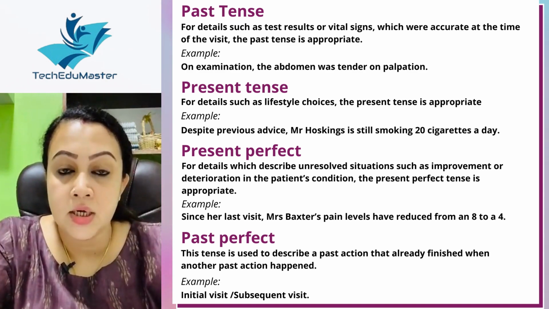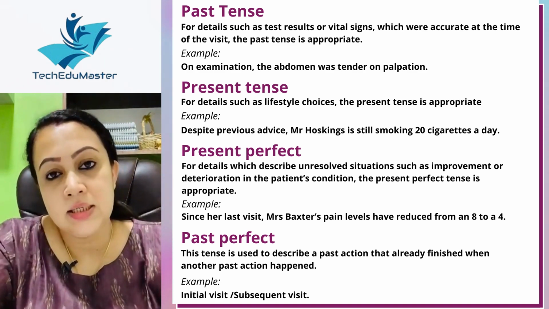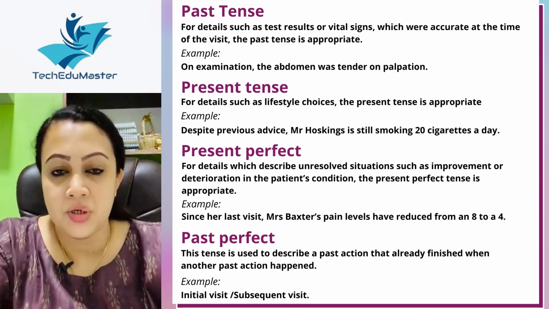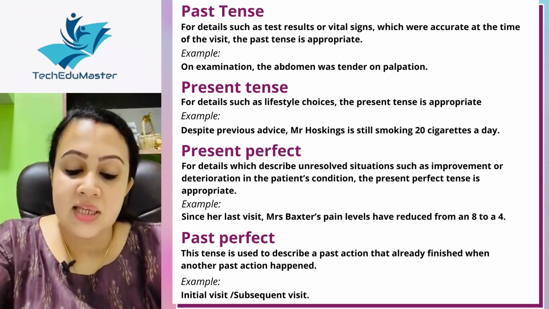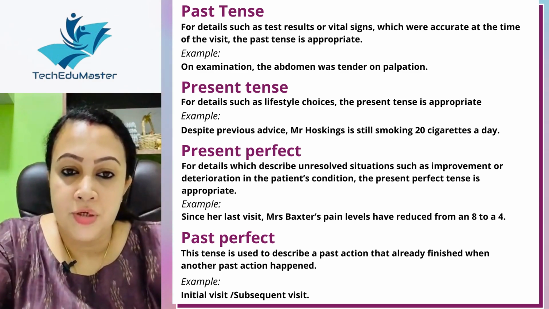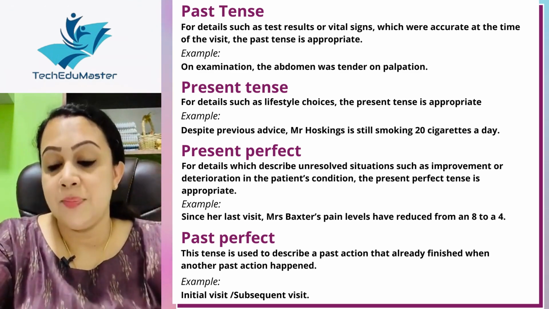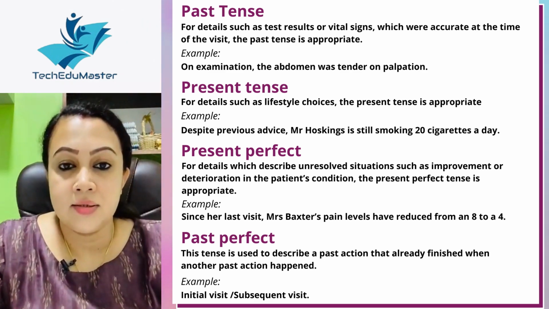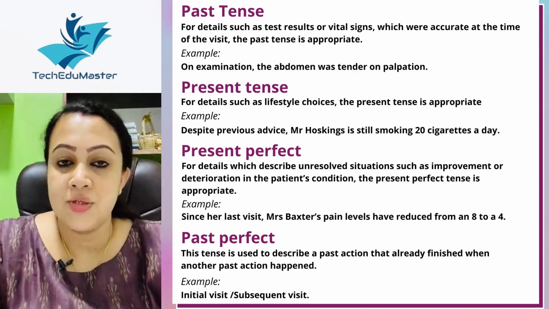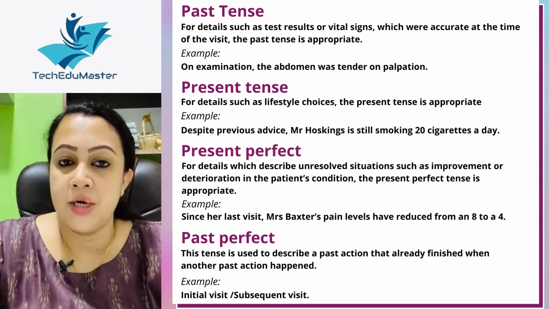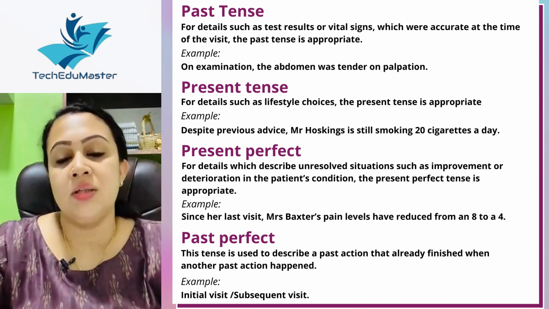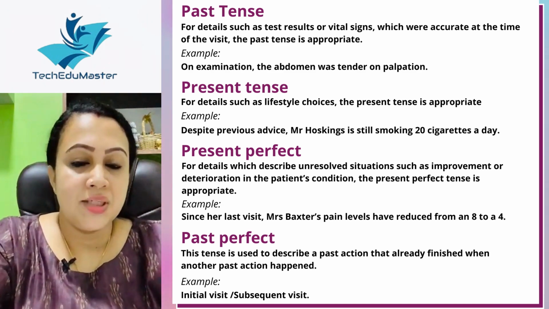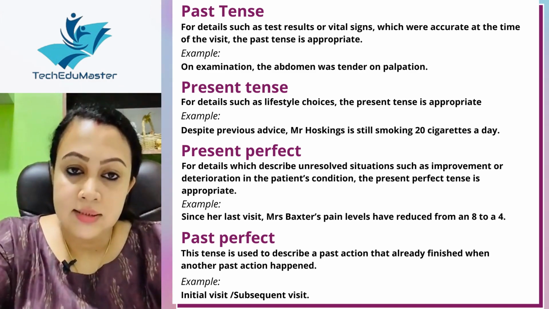When it comes to over: Mr. X's condition has deteriorated over the past 2 months, over the past 2 weeks, whatever it is. When you are describing a change that happens over a period of time, it's always better to use over. Like when weight gain or weight loss happens, you can write over the past 2 months or over the past 2 weeks. In such situations you can use that.